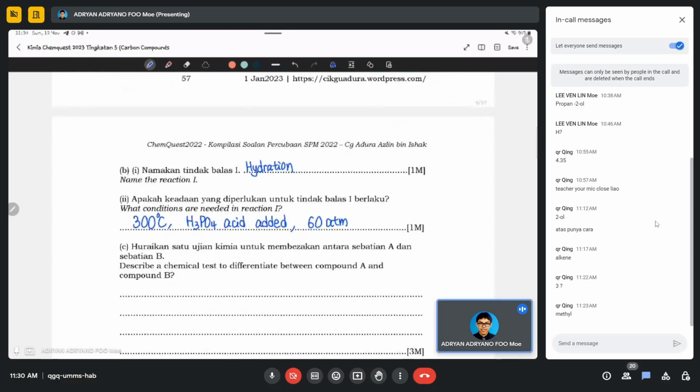Describe a chemical test to differentiate compound A and compound B. This one you can go and test, okay?